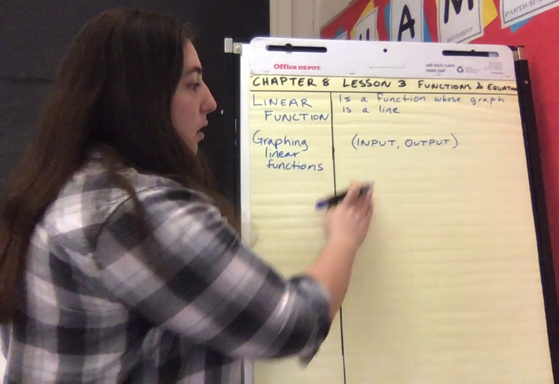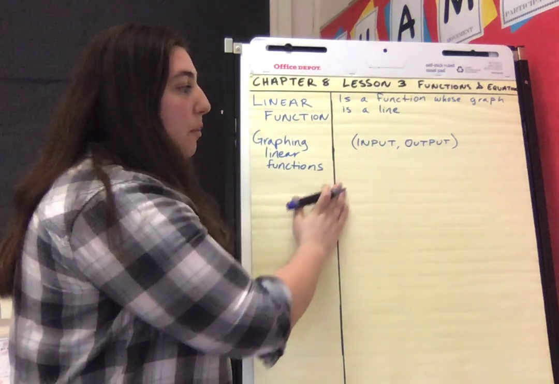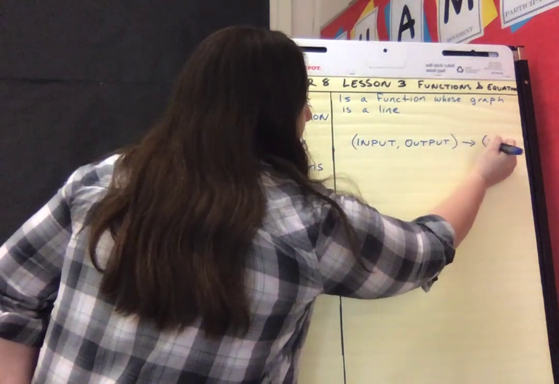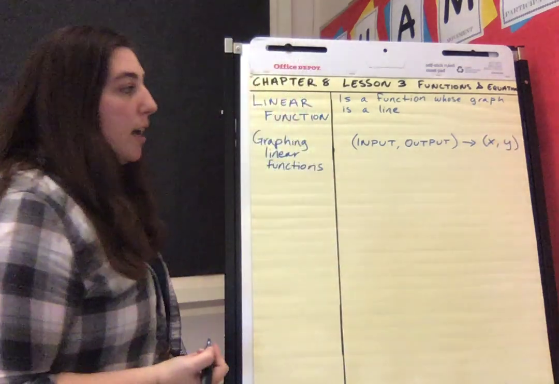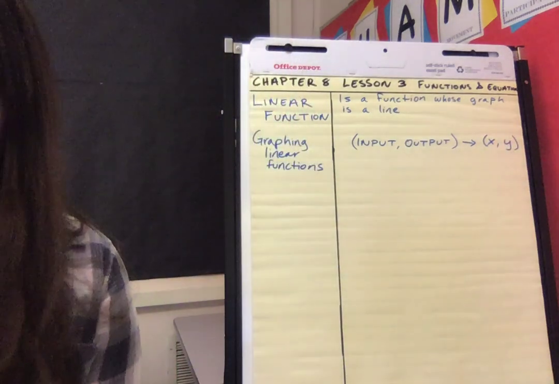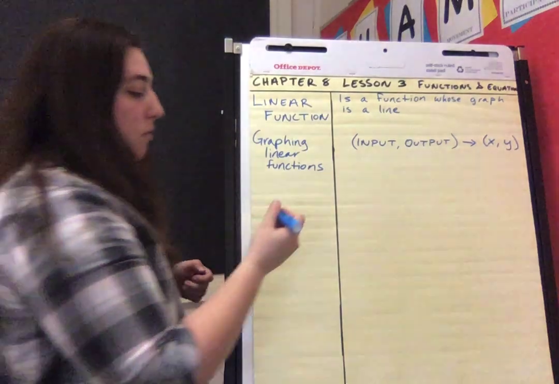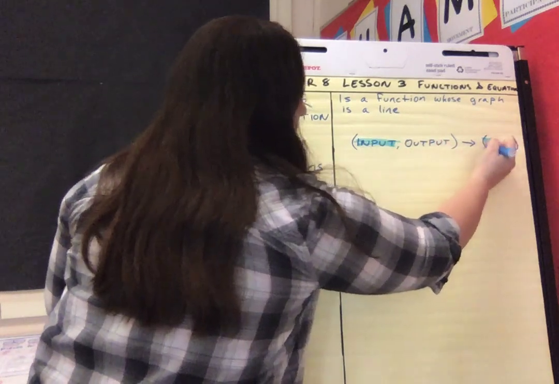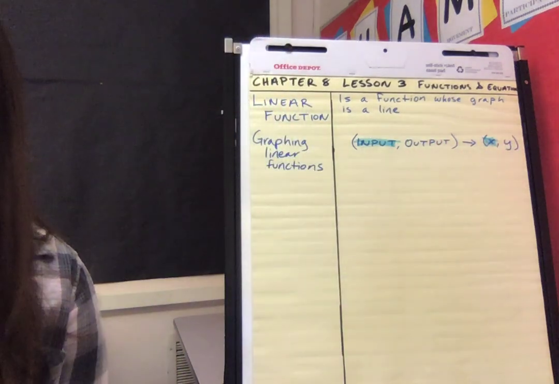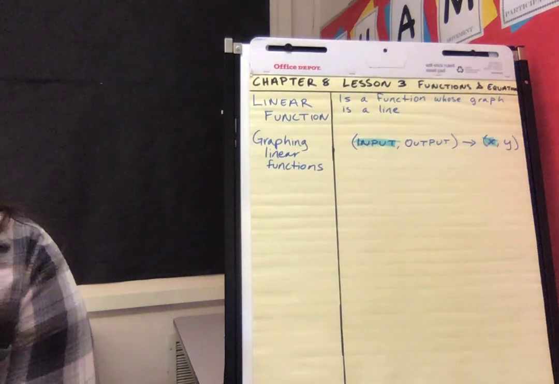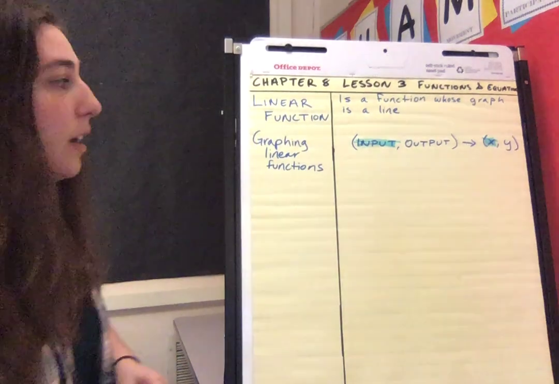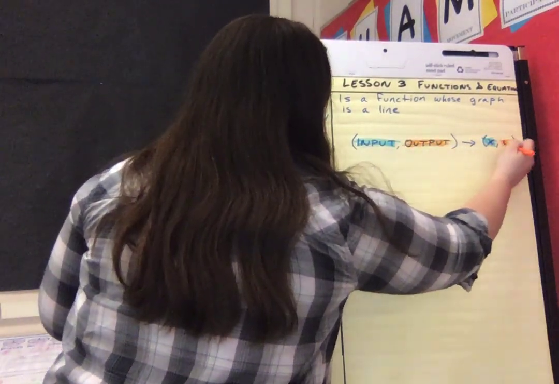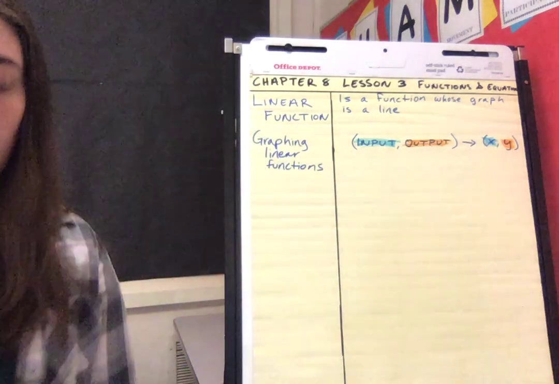So when we put them together from a table, they should look like an ordered pair. So you will have your x and your y. Your input is your x, and your output is your y.